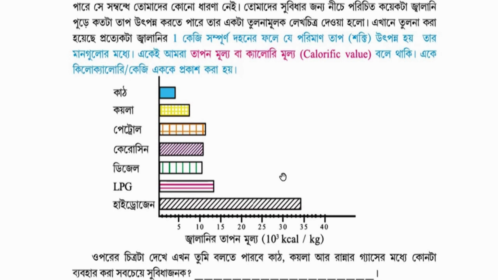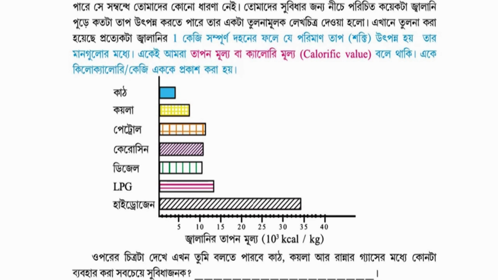One thing I can tell you: hydrogen-run cars will not emit any pollution. Petrol, kerosene and diesel all contain organic compounds, and all organic compounds are carbon compounds. Petrol contains ethyl alcohol also.